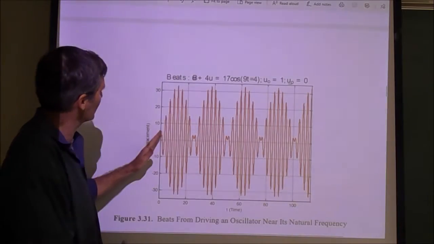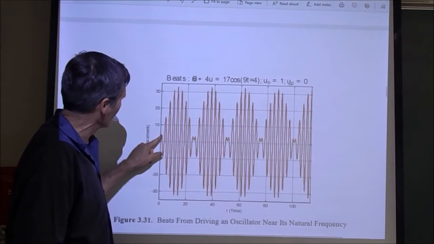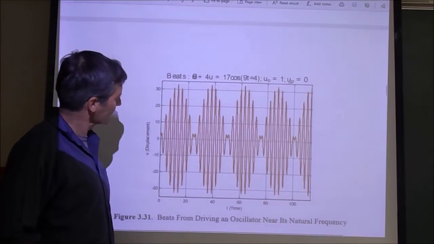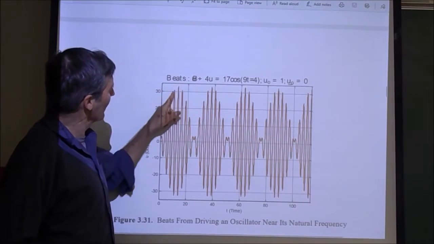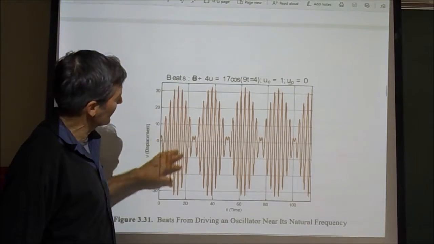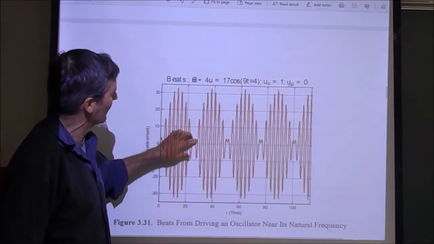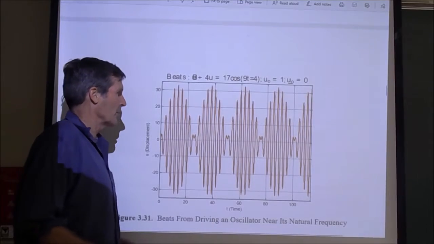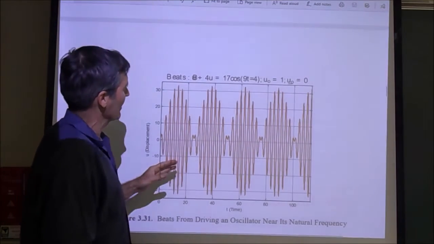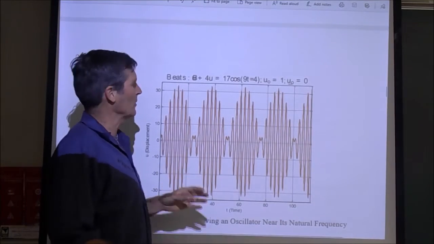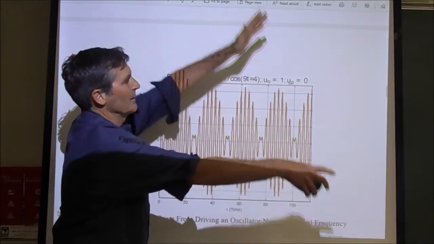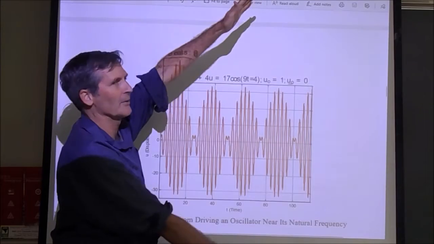And what happens is you start out as though it's resonance. You're getting larger and larger waves, and then, however, things start to damp back down, and then they ramp back up and they ramp back down. And so what happens is, as you get closer and closer to resonance, you get longer and longer beats, and eventually the beat goes to infinity and you get resonance.